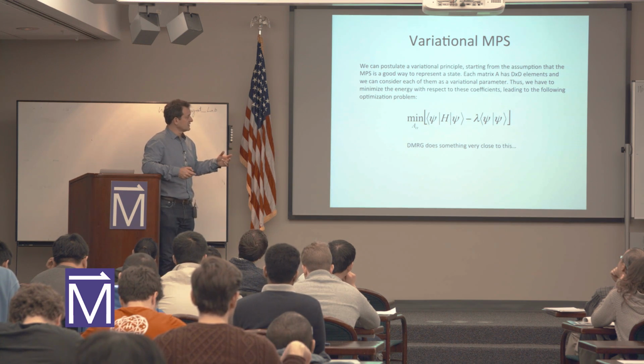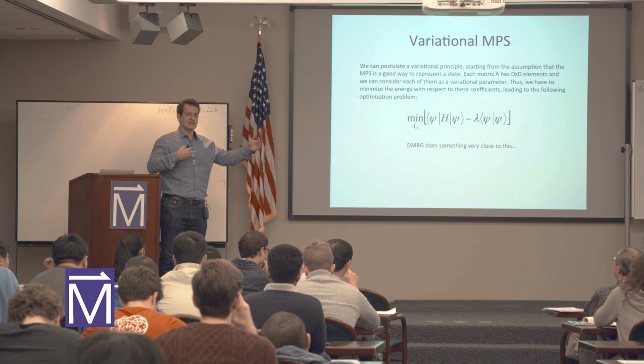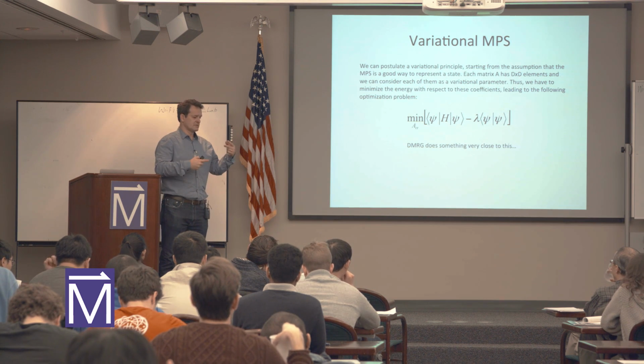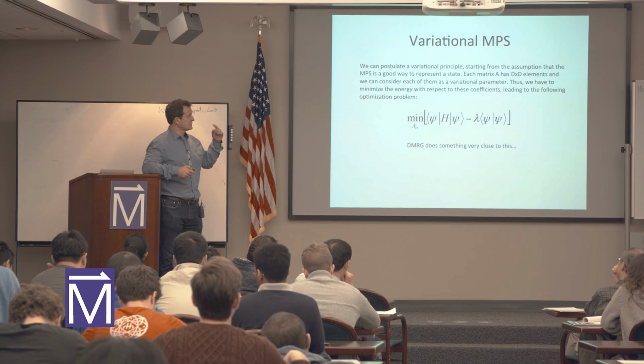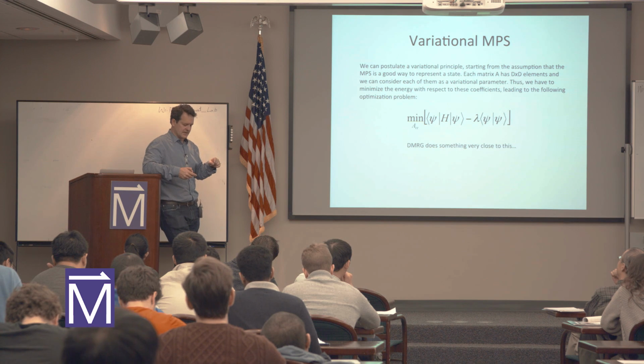In matrix product states, you put matrices by hand. So you have L sites, you put L matrices, L matrices times the number of degrees of freedom that you have per site. Remember that it's a matrix, but each one has a physical index. So it's a list of matrices. And you need to optimize all these matrices.